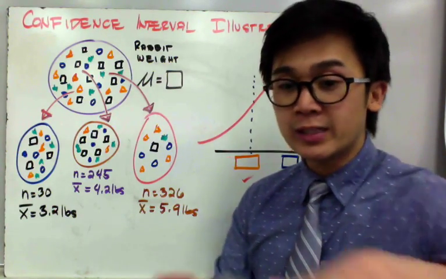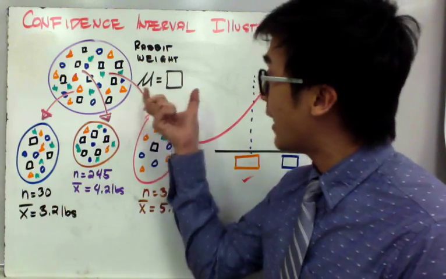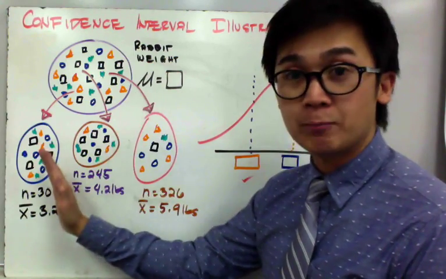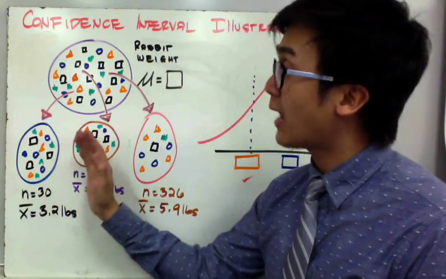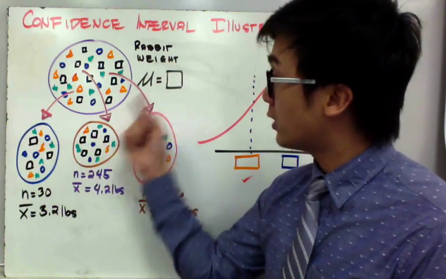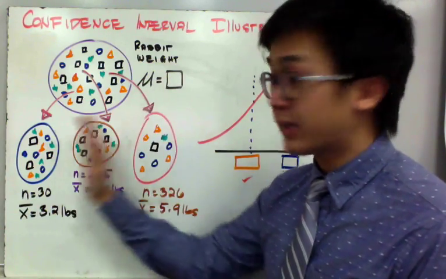Now, if you will notice, we are basically estimating or trying to find the estimated value of the population mean based on our sample. Now, in statistics, we will learn techniques on how to find the range of values that will capture the true value of the population mean by using our sample.